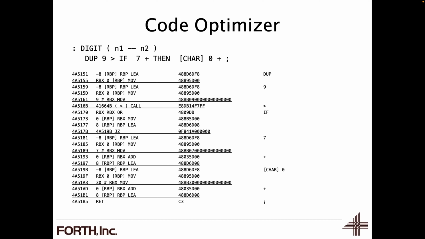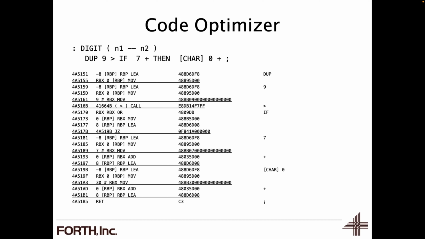So there's the code for DUP, the code to get your literal 9, 3 instructions, a single instruction which is a call to greater-than, which is another whole chunk of instructions. IF is the next 4 instructions, 7, the literal, is 3 instructions, plus is 2 instructions, CHAR 0 is 3, just like any literal, plus 2 more, and then the semicolon is just a return.